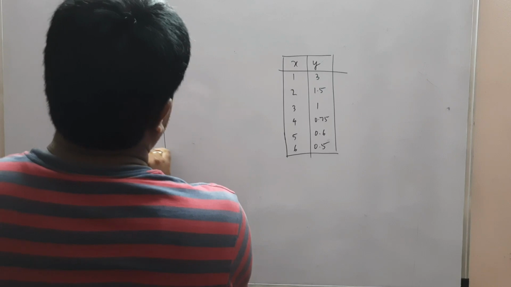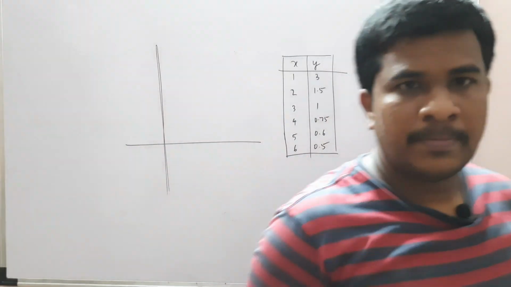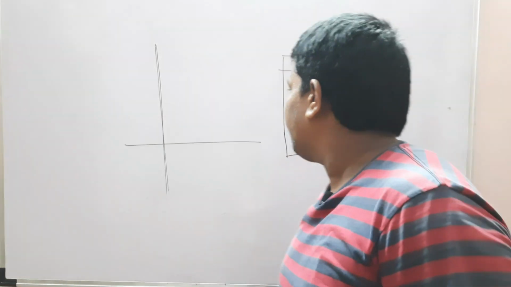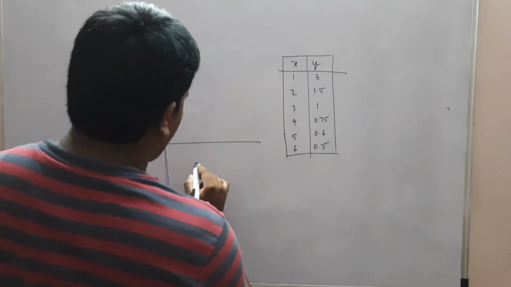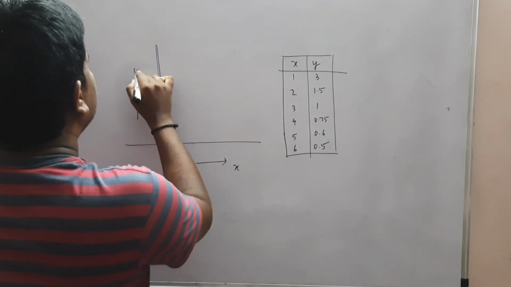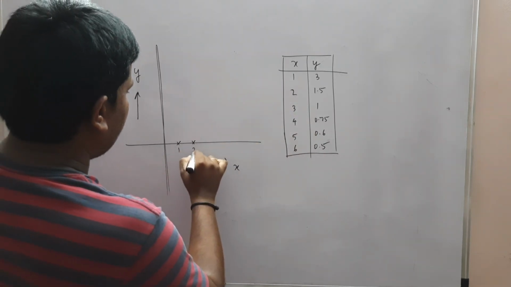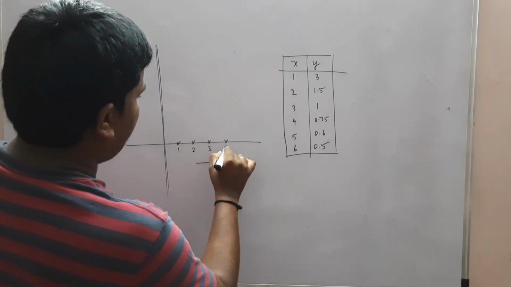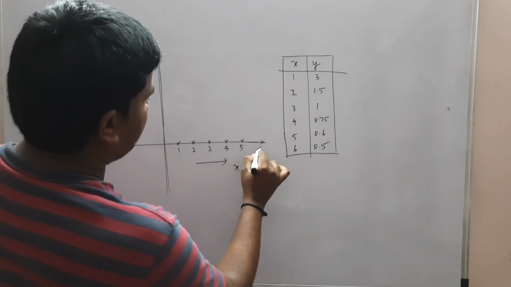Here also both are positive, so I am confining to quadrant 1. Here x values, here y values. The x values I consider as 1, 2, 3, 4, 5, 6.